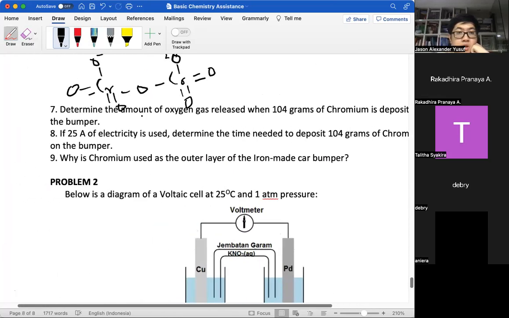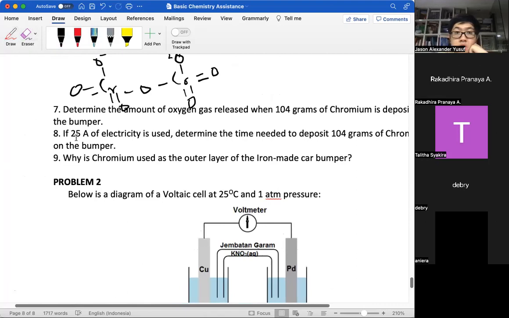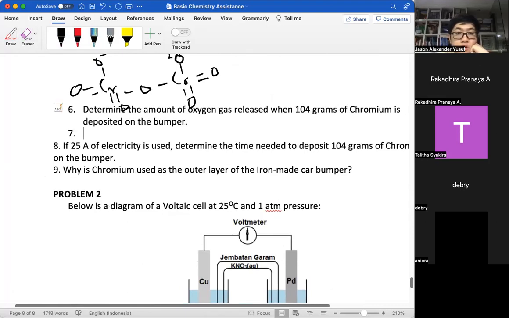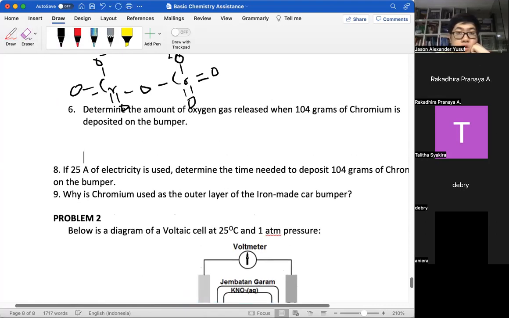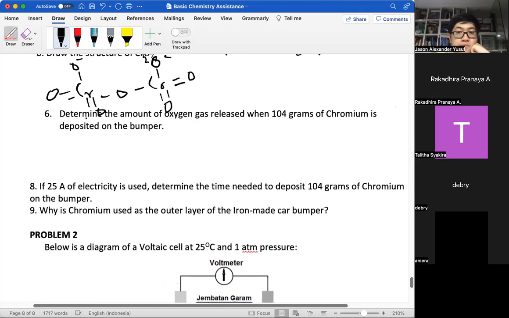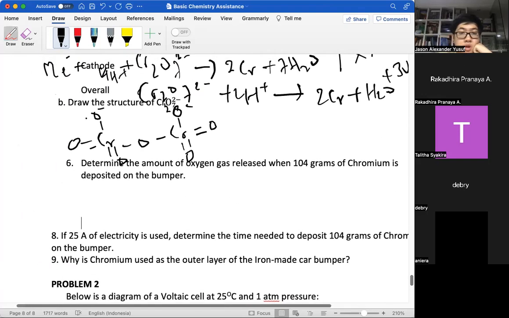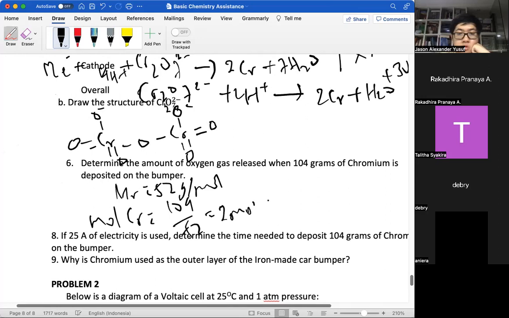Okay. And next are the calculations. So determine the amount of oxygen gas released. The Mr of chromium is, I think, 52 grams per mole. So first we need to find the moles of chromium, which is 104 divided by 52, equals 2 moles of Cr.